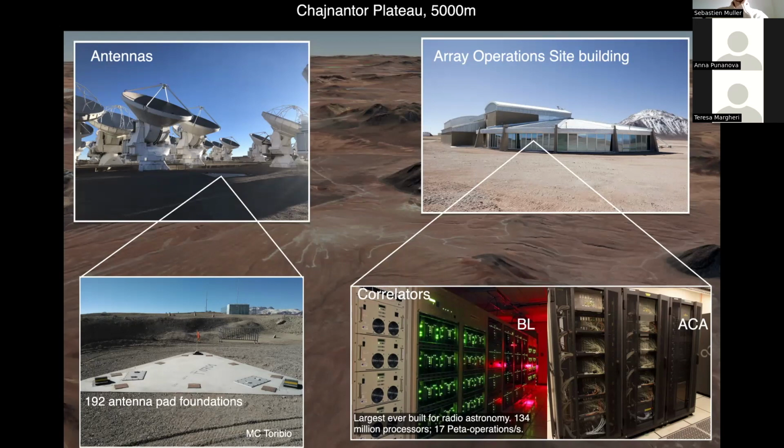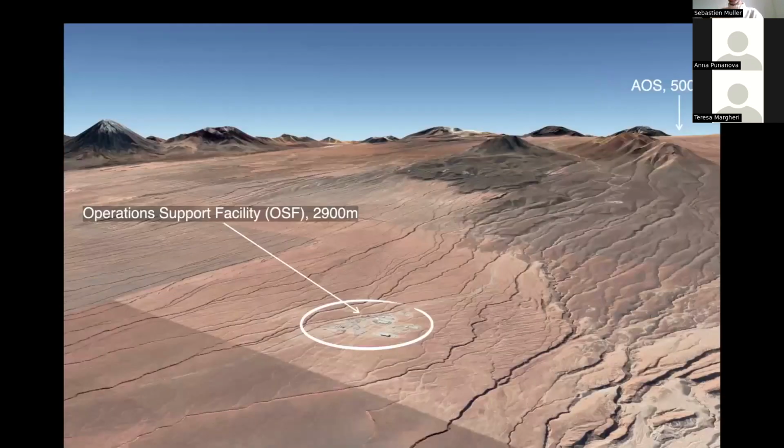Here you see both correlators: one for what we call the main array, and the other for the Atacama Compact Array. I'm going to talk about the different telescopes that ALMA contains.